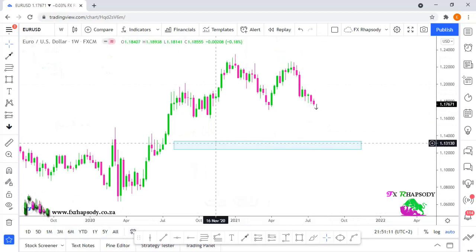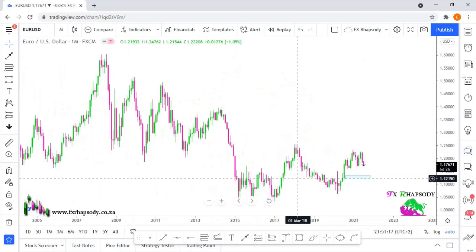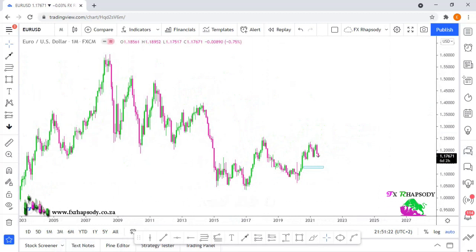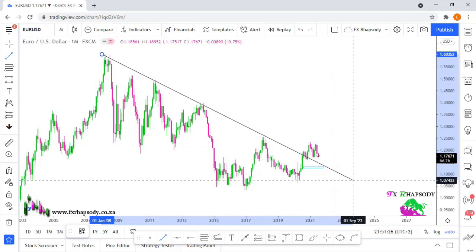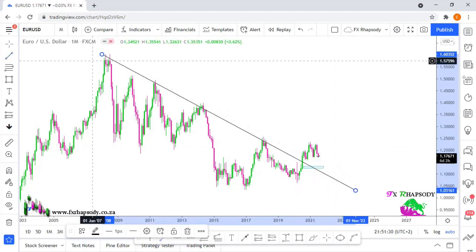I've highlighted this area, the 62%, if you can remember. Now, if we drill up again to the monthly, I'm just going to scroll out. I'm going to draw this trend line for you. This is monthly. There you go.